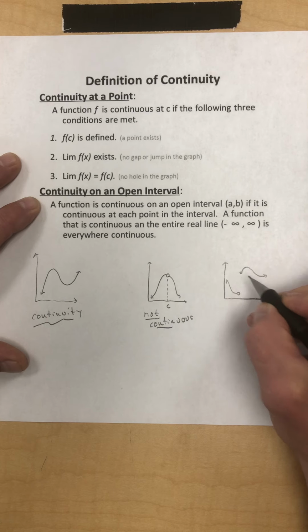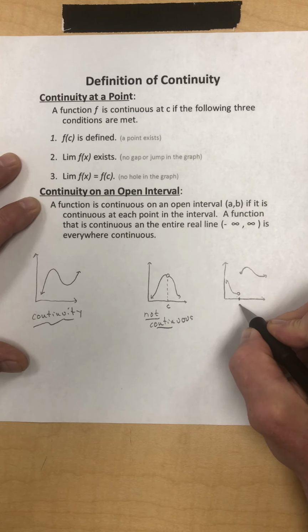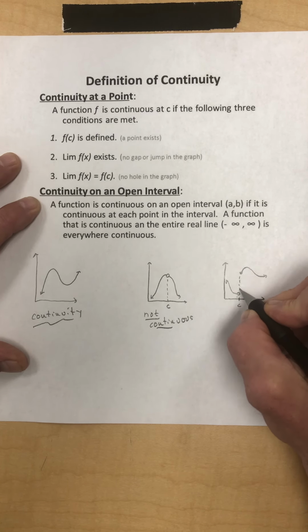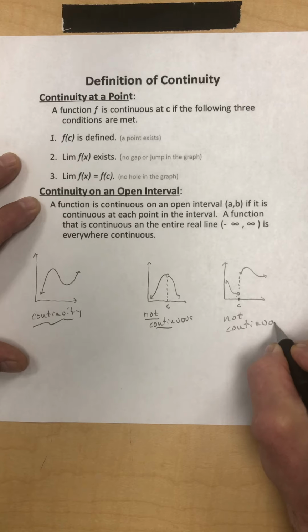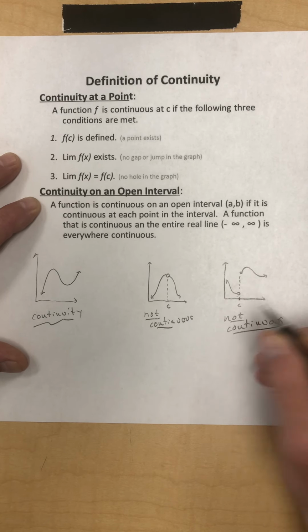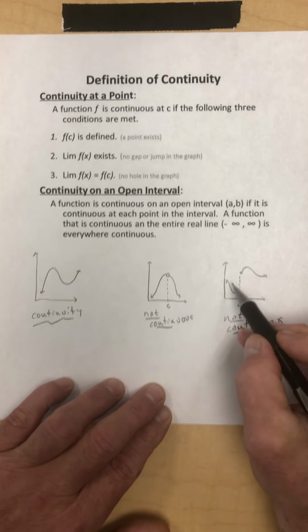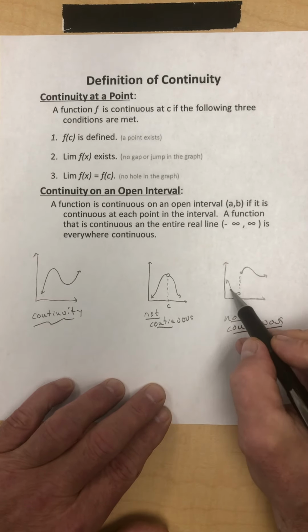So we've got this jump. If that's at some point c, it's not continuous at c. It might be continuous everywhere else, here and here, but it's not continuous at c.